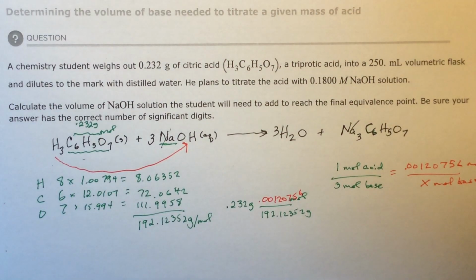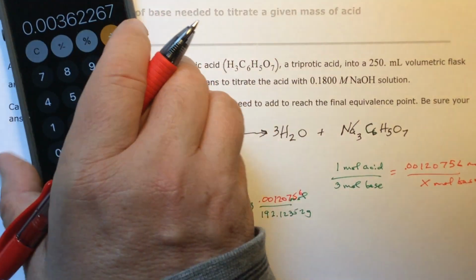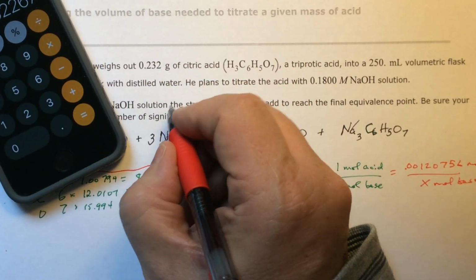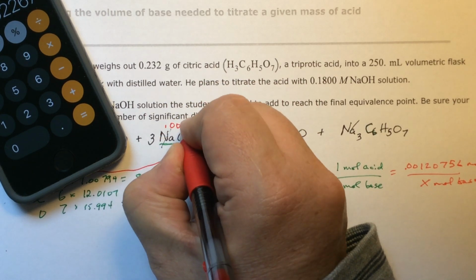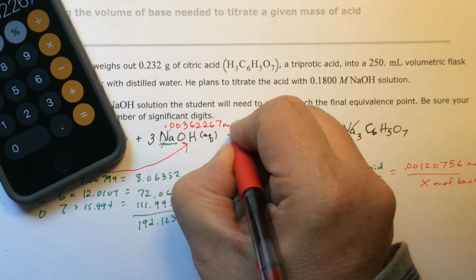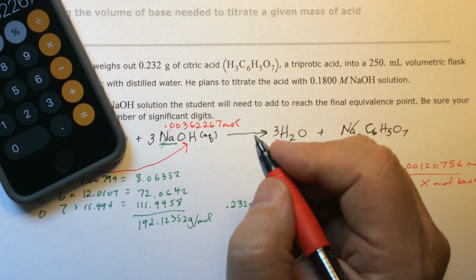So this is going to be times 3. And I've got base is going to be 0.00362267 moles. Okay.